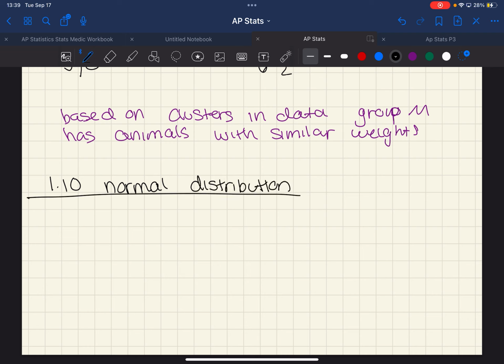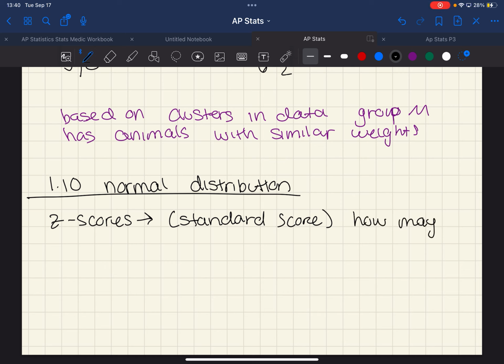Okay. In normal distribution, we learn about z-scores. So z-scores, which is also known as a standard score, is a measure of how many standard deviations a data point is from the mean. So how many standard deviations from the mean.